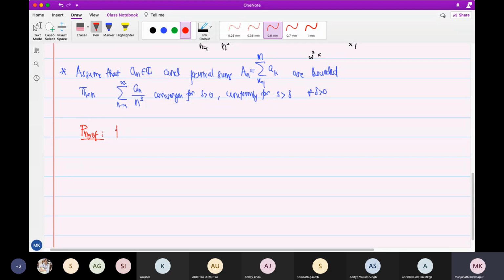By the Cauchy criterion, what we need is, for epsilon positive, some N epsilon integer such that if you take the partial sums, let's call it a_k by k to the s, or a_n by n to the s.